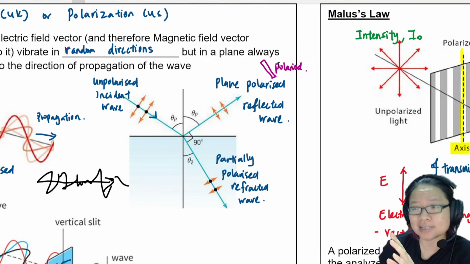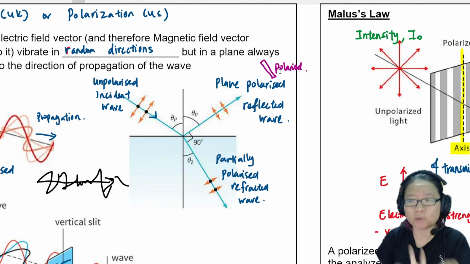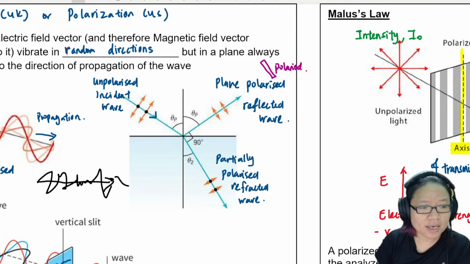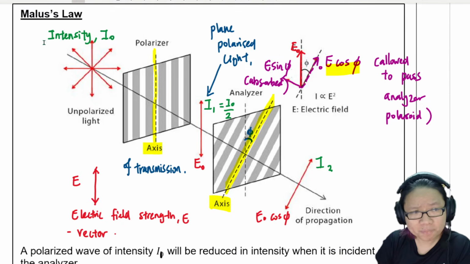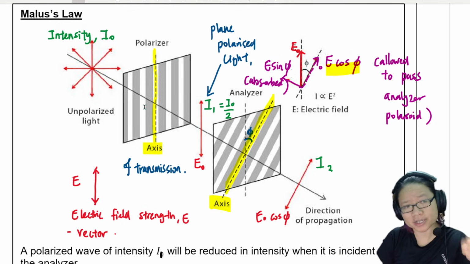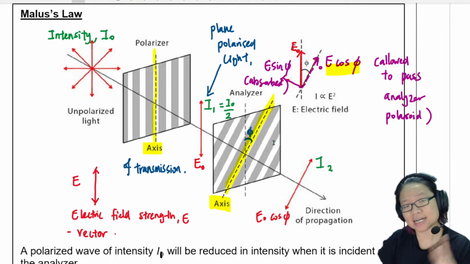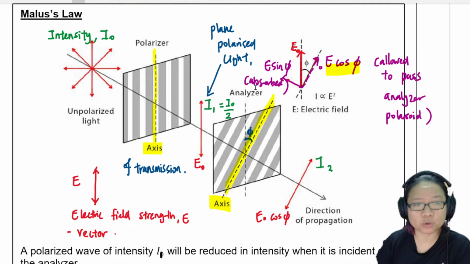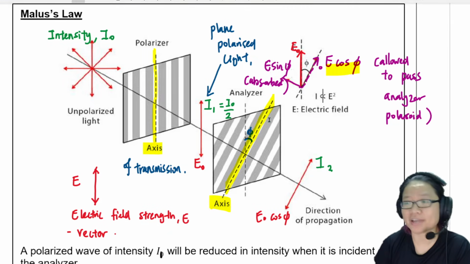So you put on your sunglasses, and the reflection will not be there anymore. But if it's just light entering the Polaroid like this, then I need to first put a polarizer so that I get a clean E naught. Then when it passes through, it will be E naught cos phi. The angle is the angle between the wave and the axis of the analyzer.